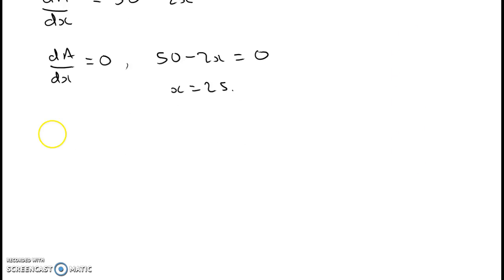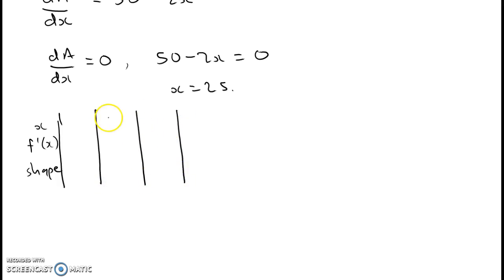So to do that, let's draw up our table. We'll have x, f'(x), and the shape. When x is 25, the derivative is equal to 0. So we've got a stationary point there.